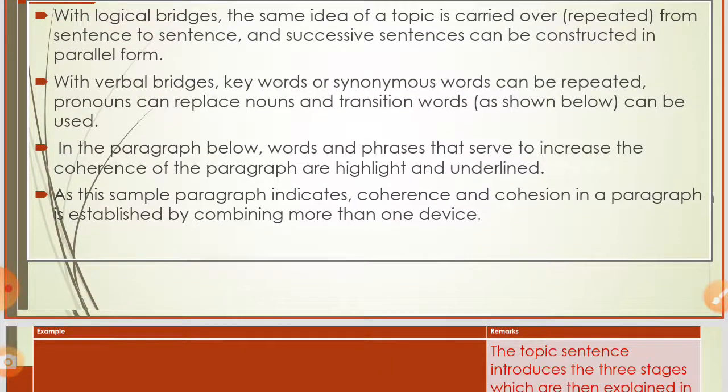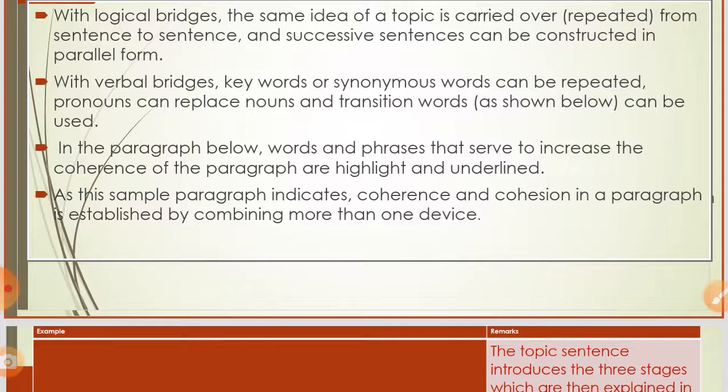In the paragraph below, words and phrases that serve to increase the coherence of the paragraph are highlighted and underlined. With verbal bridges, keywords and synonyms can be repeated. Pronouns can replace nouns, and transition words can be used.